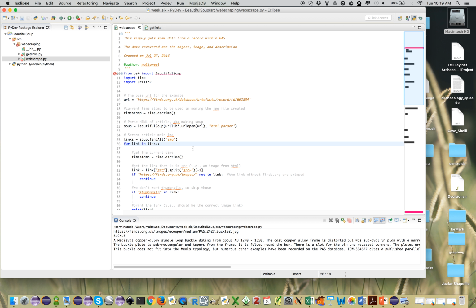But for today's lesson, we're going to look at how some websites, like the PAS website used in archaeology, can be scraped very quickly, and a variety of information can then be grabbed, including specific information about objects contained in the website or in the links within the PAS website.